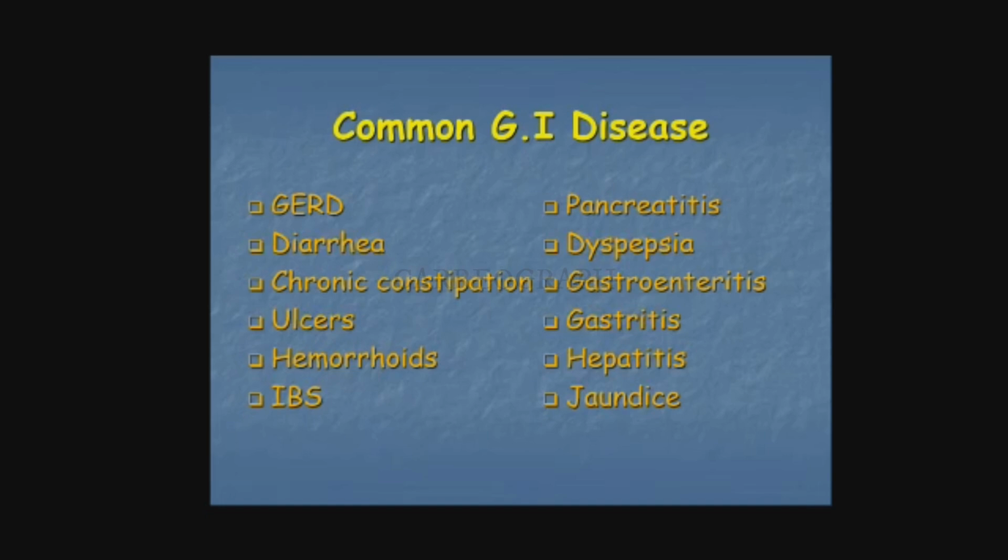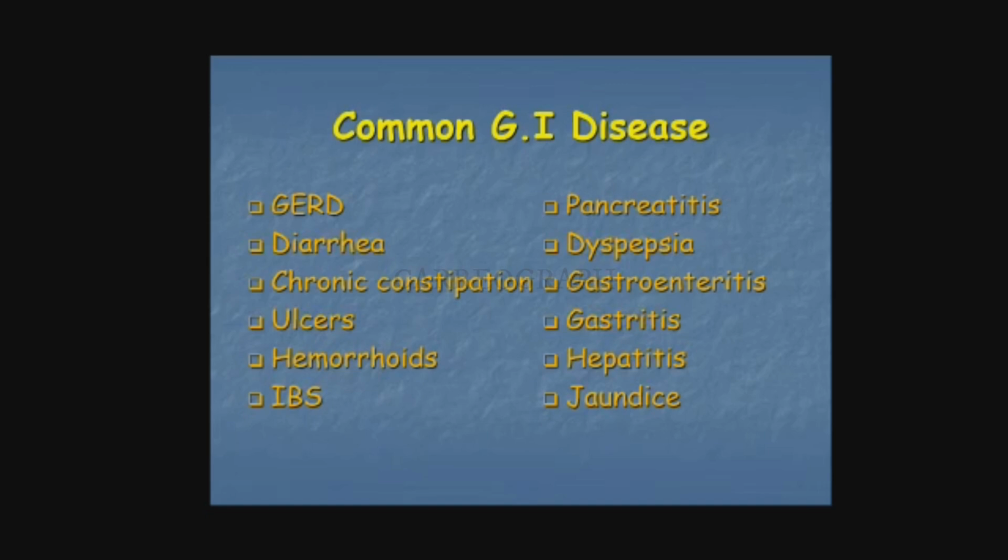We have chronic constipation. This chronic constipation is hard feces with less frequency of feces. Ulcer is also a very common gastrointestinal disease. This ulcer is a wound seen in the stomach or duodenum due to hypersecretion of HCl, and it can be a duodenal ulcer or gastric ulcer.